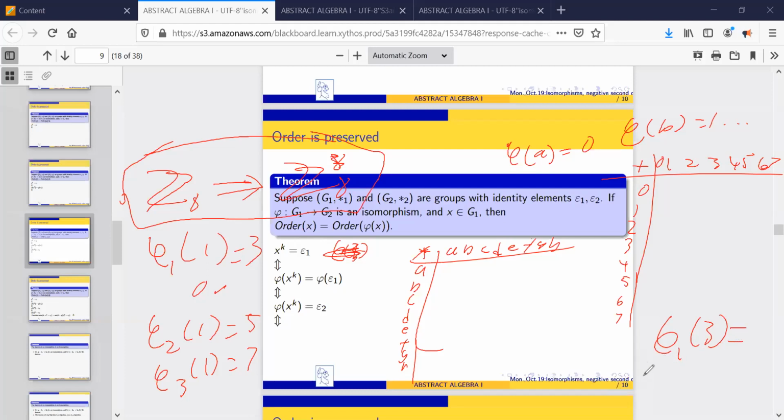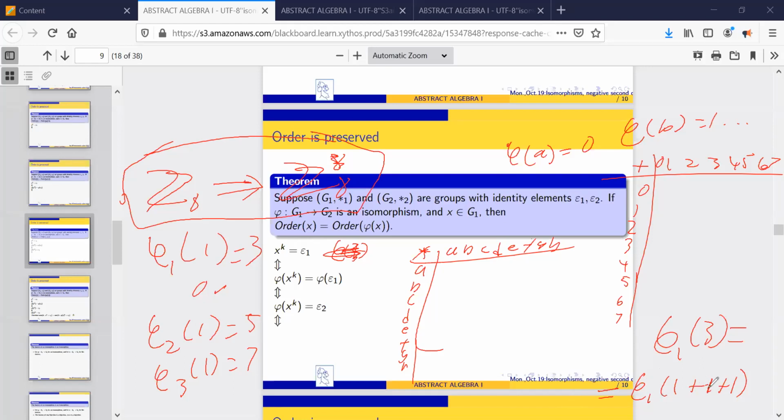Well, what is 3? 3 is just 1 plus 1 plus 1, right? Cool.